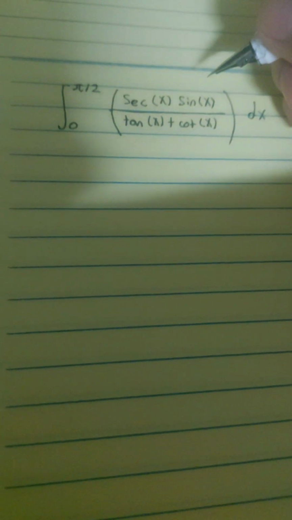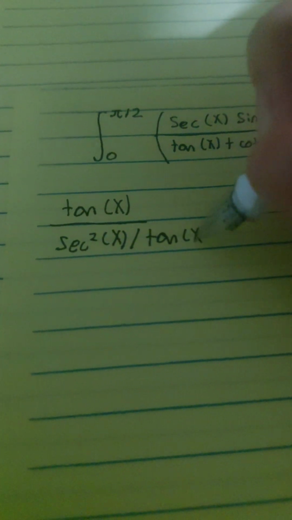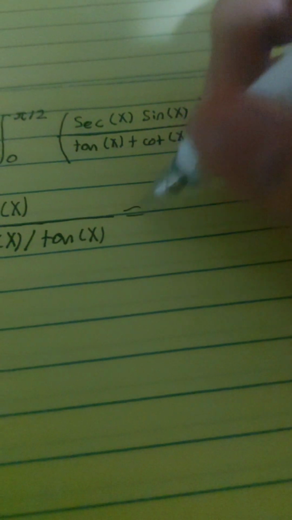So sec x multiplied by sine of x, we can consider that as tangent of x all over secant squared of x all over tangent of x. And then that's also equal to tangent squared x all over secant squared x.